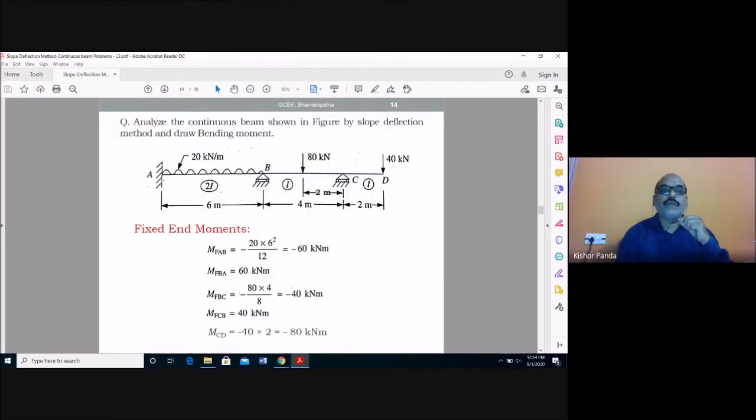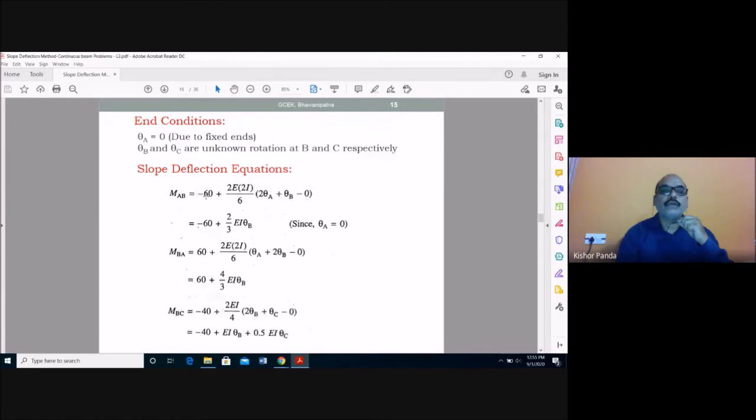For span AB find out first, then for span BC. For span AB, MAB and MBA, then for span BC, MBC and MCB. Here you take the moment of inertia 2I for span AB, and for this take I. This is the MF, the fixed end moment.